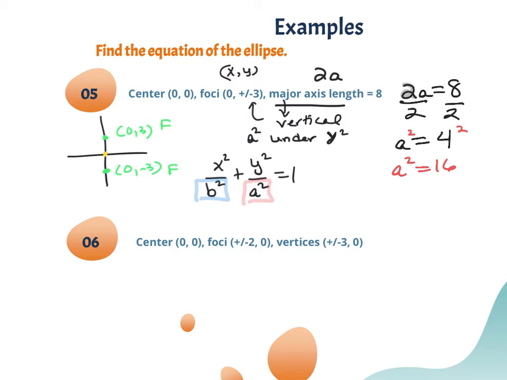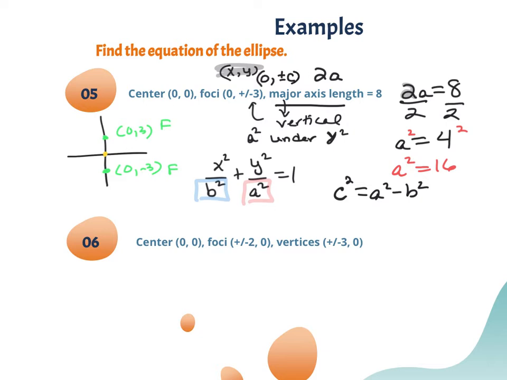I need to find b squared. I'm going to use the formula I used yesterday: c squared equals a squared minus b squared. Because I can figure out c by my focus points. If you recall from that table, this ordered pair for my focus is going to be (0, plus or minus c).